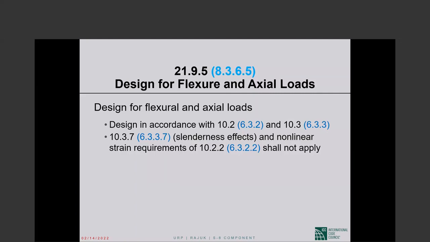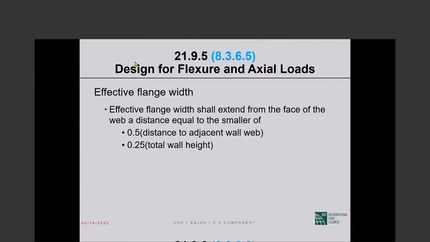So that's now our shear wall design. Design as if your shear wall is a column. That's pretty much what the first line is saying. Don't worry about slenderness effects, and the fact that because a shear wall is a deep element, the strain distribution across the section may in fact not be linear. Don't worry about it. Still go with linear strain distribution.